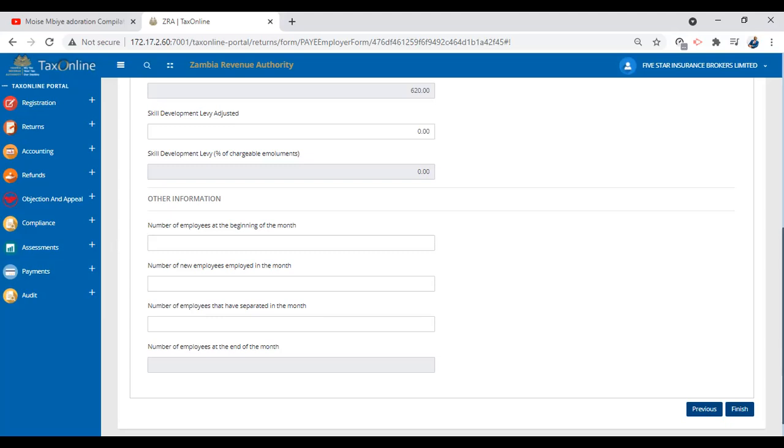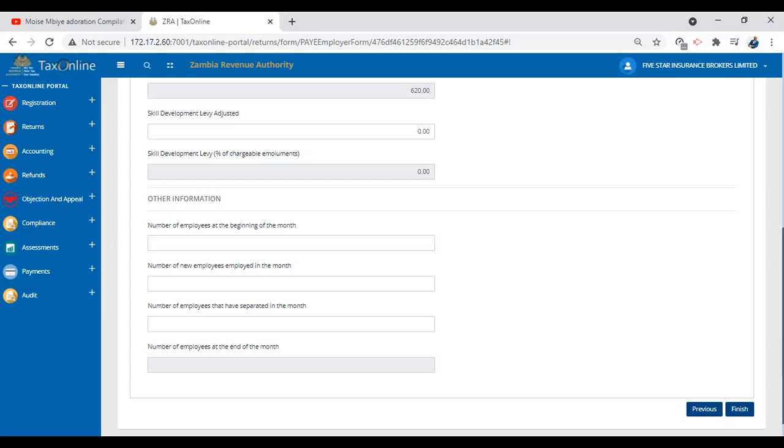So in the return, it does not mean that you only include, because this has been a tendency, people sometimes only enter information related to the employees whose income has gone beyond the 4,000 kwacha, because they feel that if someone is getting 4,000 kwacha and below, they are exempted.